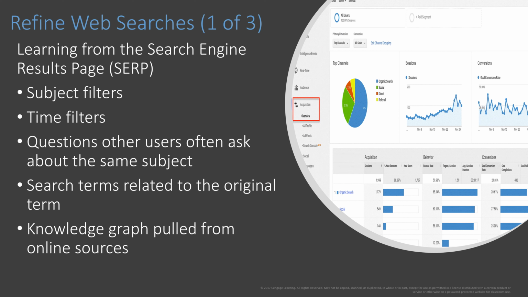A lot of times when we're putting together content for the web, we want to know things like, where are these searches coming from? So for example, for this example given here, we can search by filter. We can look at times of day. So maybe there are times of day or specific times of the year that things are searched.